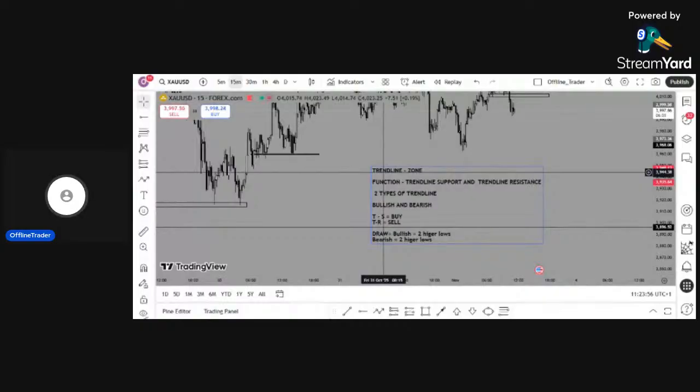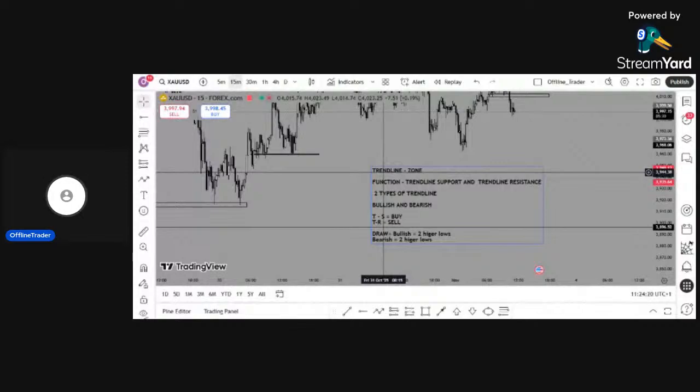Because after the support and resistance, after marking them out, what comes next is your trend line. When your trend line is intersecting with the support and resistance, it gives you an additional boost because you have two zones meeting at the same point. That's another boost for you to say, okay, this zone is quite strong and there's probability for it to work out.